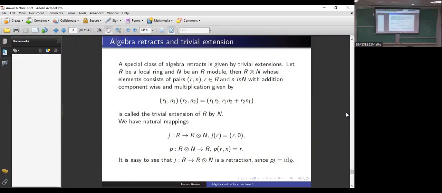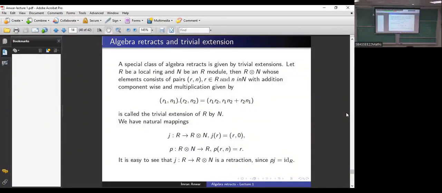And we have a natural mapping from R to R tensor N. This is important. Now he is trying to construct the retraction map. This is a simple embedding of R inside R tensor N under this particular map.